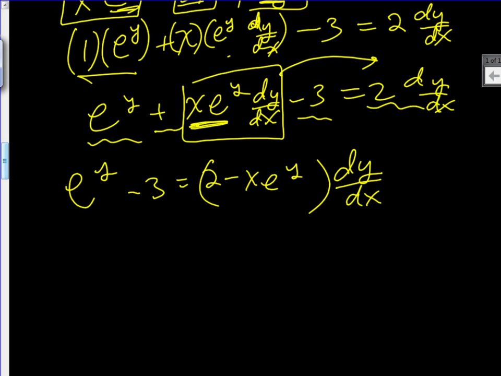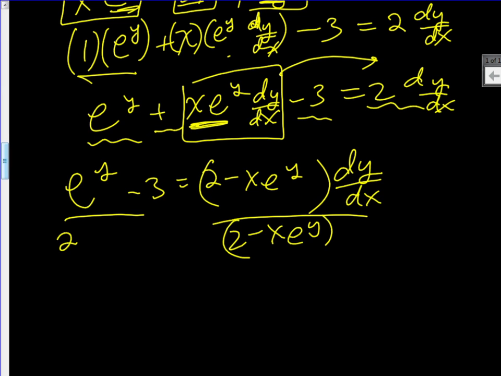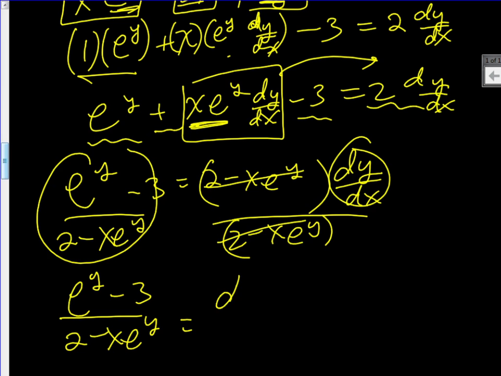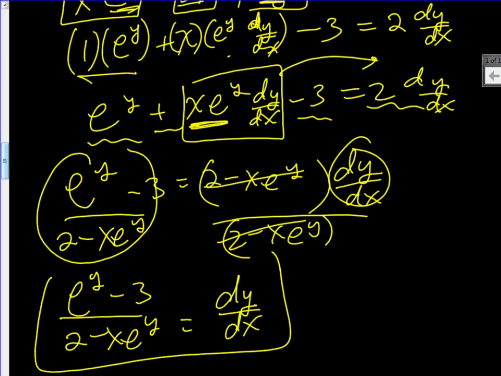But once you have a multiple of dy/dx, and you want to solve for dy/dx, divide by how many you have: 2 minus x e to the y. So this e to the y minus 3 over 2 minus x e to the y is equal to dy/dx. And there is your answer.